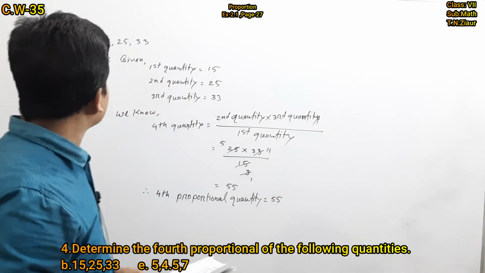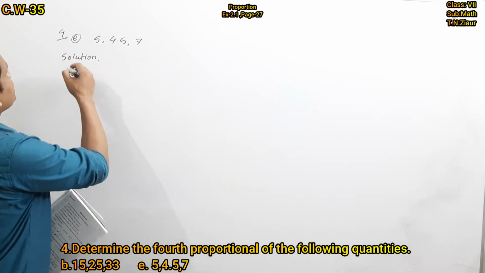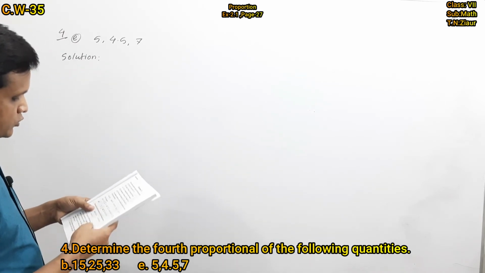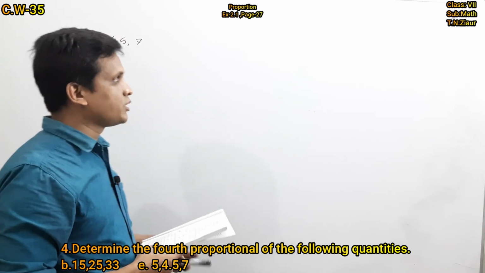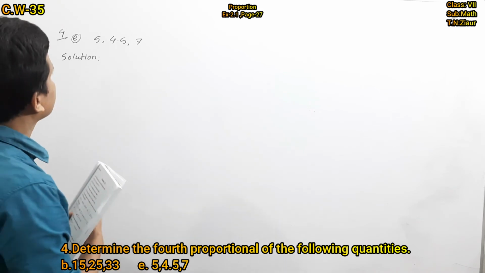So now another one, which one is number E. Okay, students, now we'll solve number E, and that one is also first, second, and third quantity. We have to find the fourth quantity. In the formula, fourth quantity is equal to second quantity into third quantity divided by first quantity.